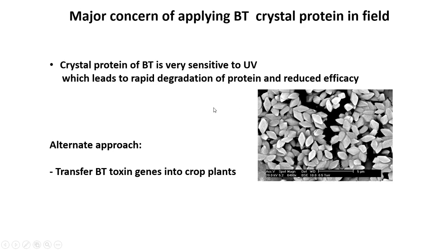It won't be able to protect the plant from insect damage. That's why scientists designed another approach: to transfer the BT toxin gene directly into the crop plants. Once the toxin genes are introduced into crop plants, they will produce these toxins inside the plant tissues, and they will be protected from UV light. So this strategy was developed.